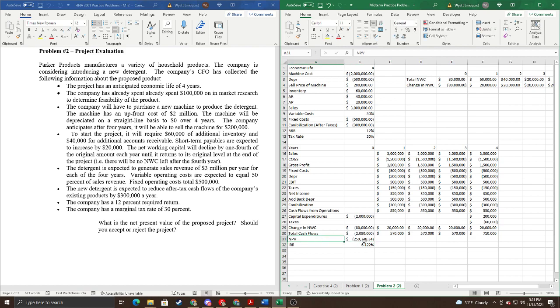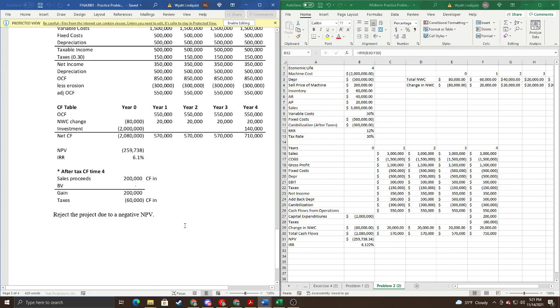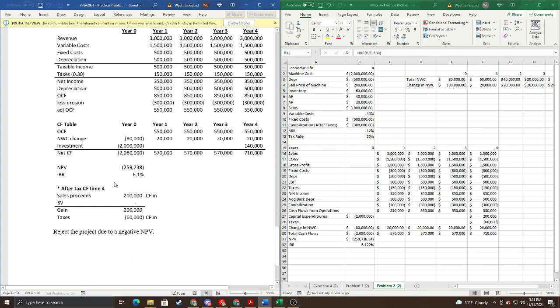So our NPV was about negative $260,000, and our IRR is like 6.12%. Let's double check that on here, and we're going to reject because the NPV is negative. That is correct, and our IRR is lower than our required rate of return.